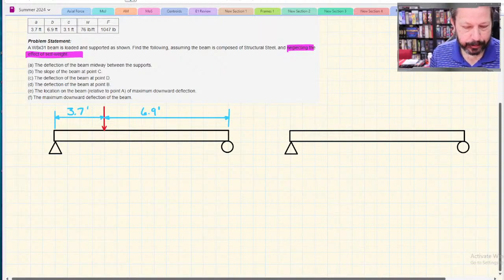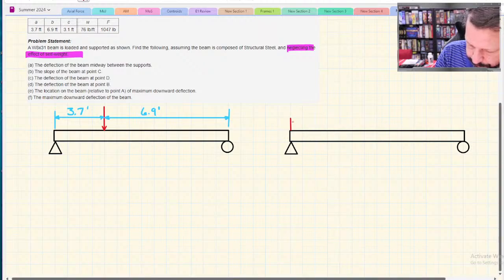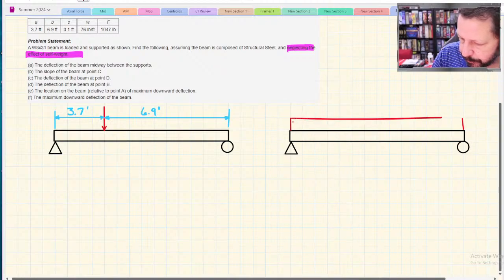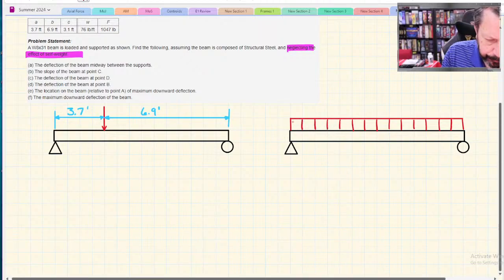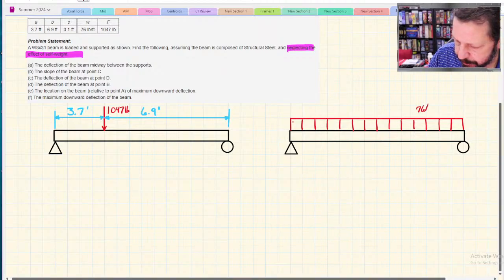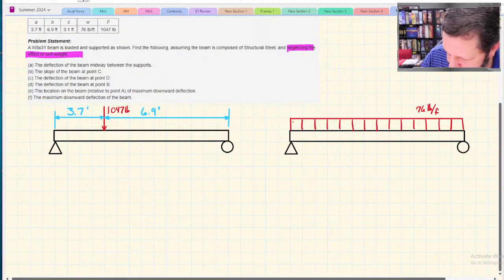All right, that's pretty much it for the point load. The distributed load's even more simple. It's just across the whole thing. I have values for these I need to put in there. For the point load, it's 1,047 pounds. The distributed load, 76 pounds per foot.